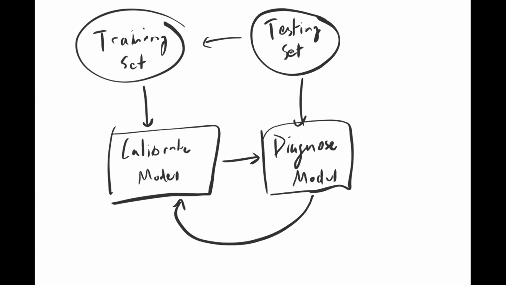So this is where we run into what's called cross-validation. This is a neat little device that lets us generate a testing data set from our full data set and yet still allow us to calibrate the model, taking advantage of the full data set.